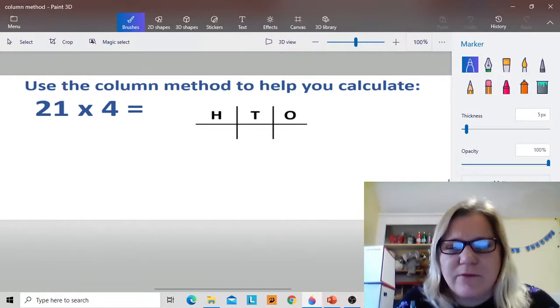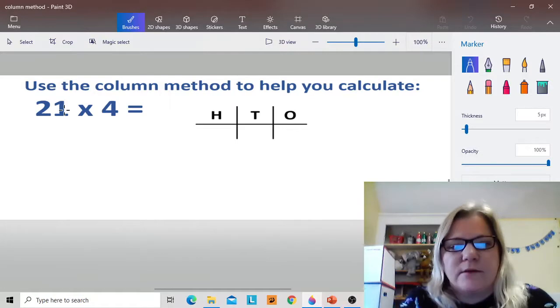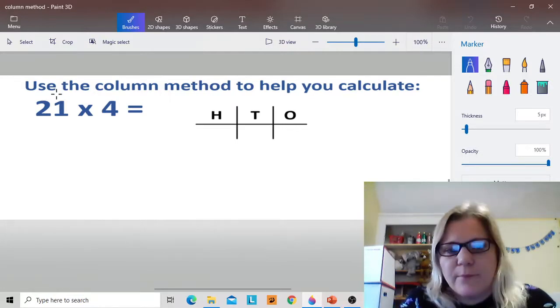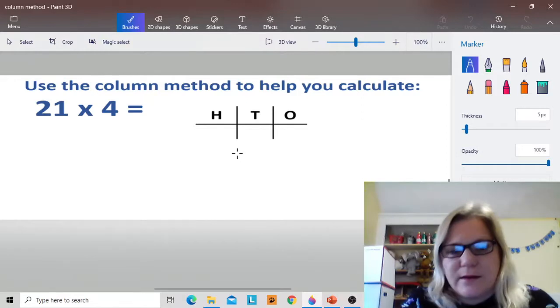So the first rule is you must always put your numbers into the right place value columns. Okay, so here we've got 21. So 21 hasn't got any hundreds, so I'm not going to put anything in that hundreds column. And 21 has got 2 10s and 1 1.